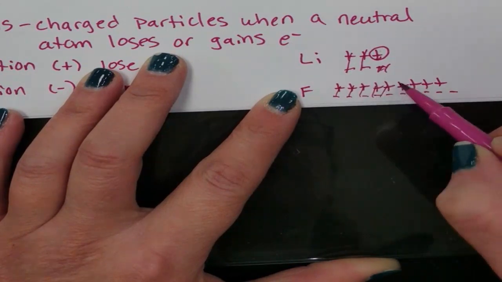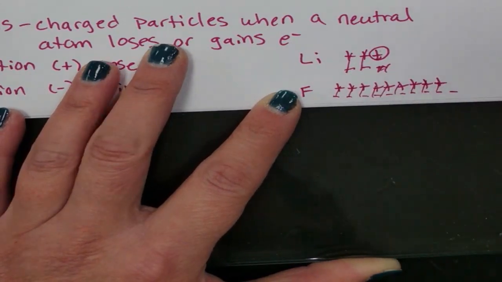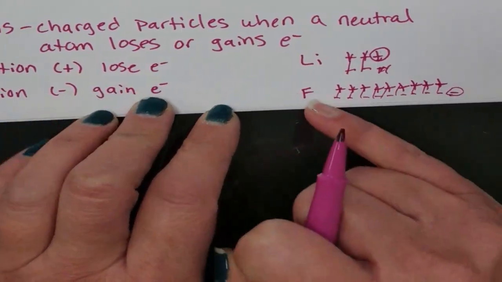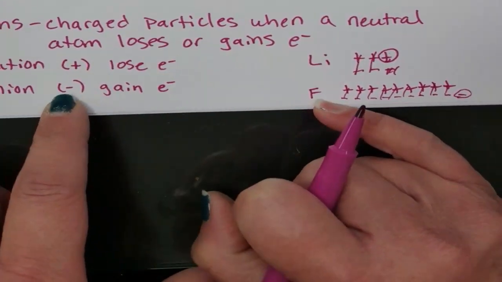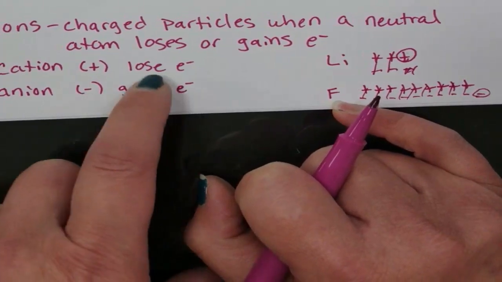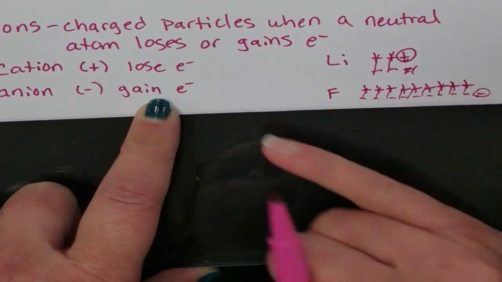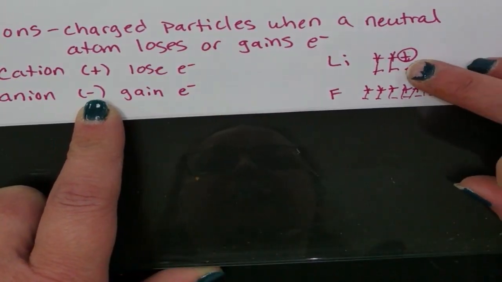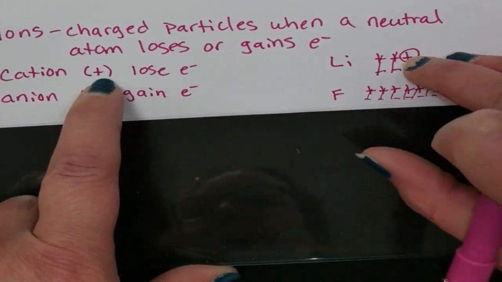But what happens here? The positives and negatives are canceling, but there's an extra electron, which is why fluorine in its ion form is an anion, and it is gaining electrons. So the gaining of a negative creates a negative. The losing of a negative creates a positive.